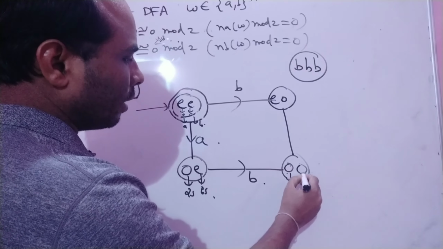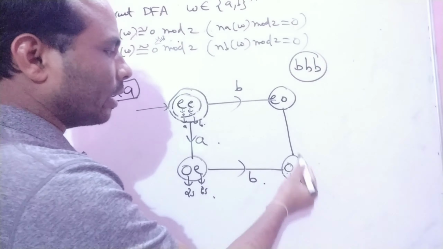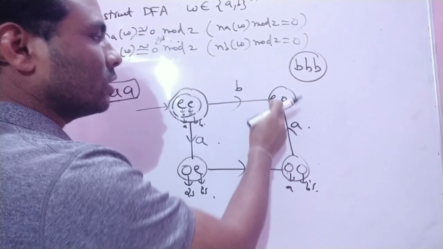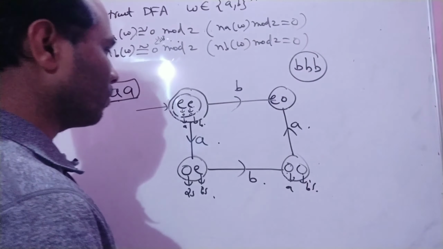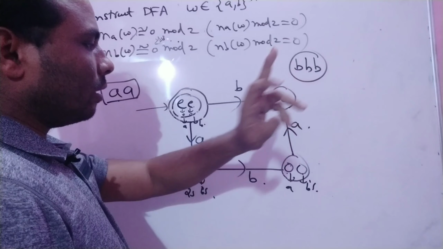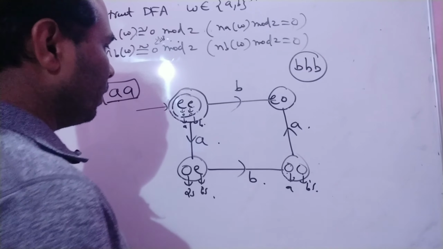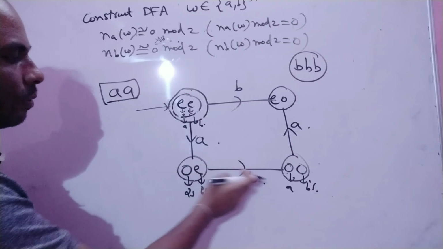Number of A's are odd here. If you are applying one A, this becomes change. This is as it is, but number of A's are going to change, right? And in this particular thing, each and every state you applied here B and A, but here you applied B.